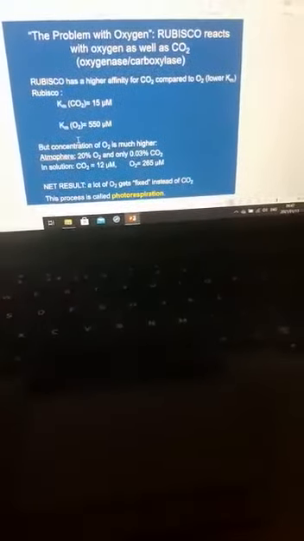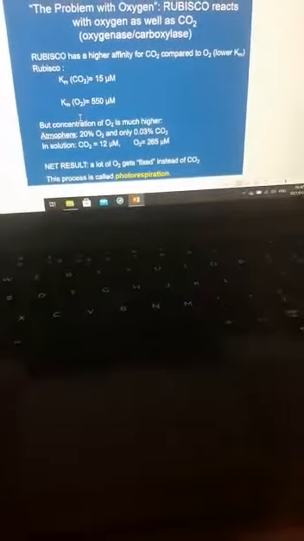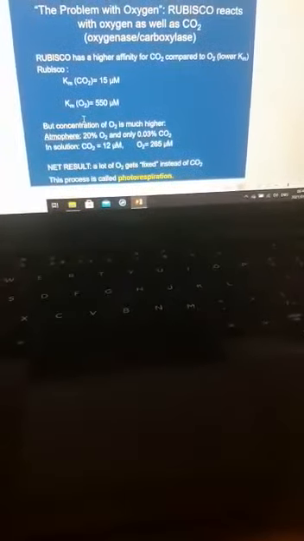And therefore, it goes, logically, that if the air that enters the leaf has more oxygen than carbon dioxide, it is going to be oxygen that is favored in terms of being joined to RuBP as compared to carbon dioxide. That is what causes the problem of photorespiration.